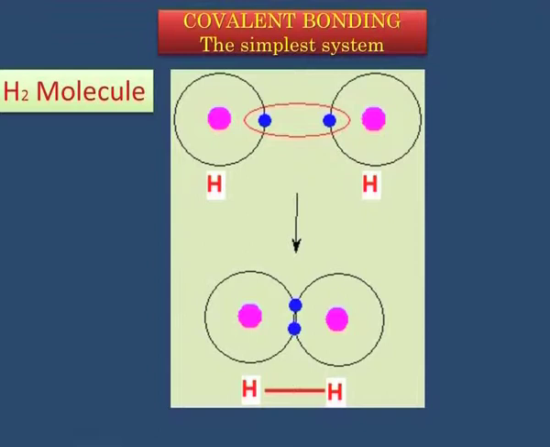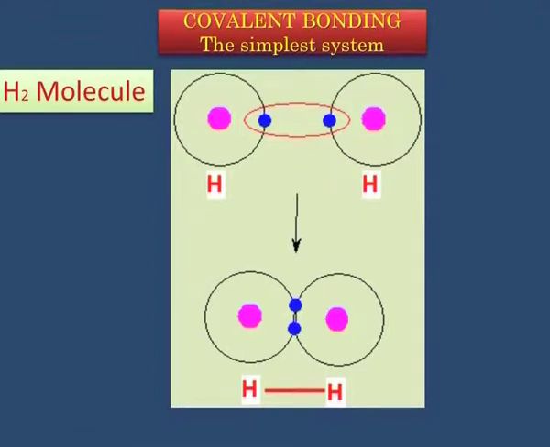Now, how does attraction occur? The important point is that these are particles of the same charge. Both are electrons, both are negatively charged, however the bonding is there. So the bonding cannot be explained on the basis of Coulomb's law.